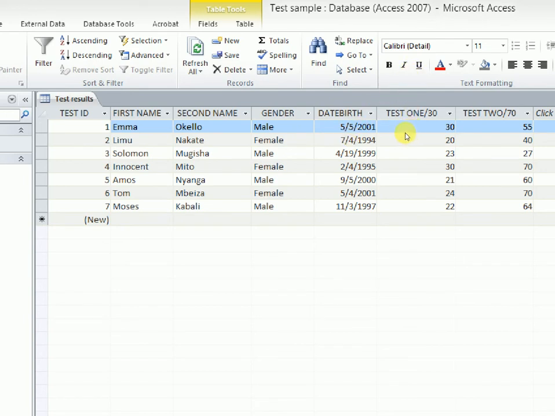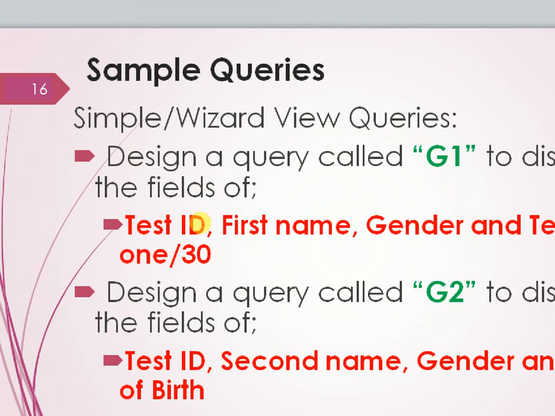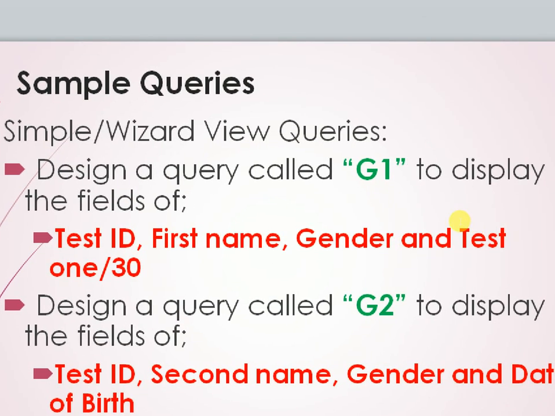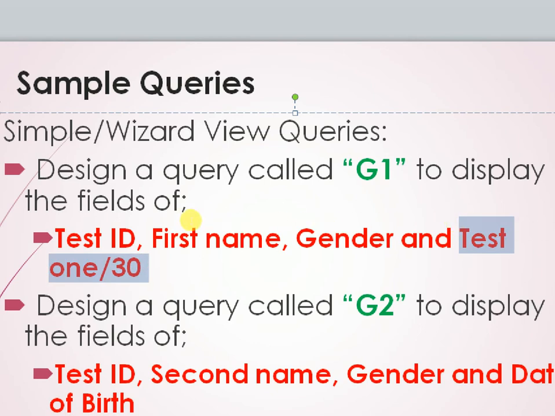Now our query wants us to eliminate all the other fields but only get these fields: test ID, the first name, the gender, and test 1 out of 30. It needs only 4 fields.